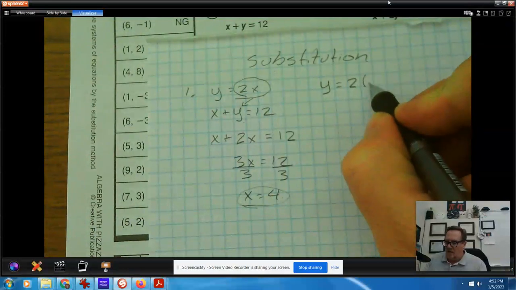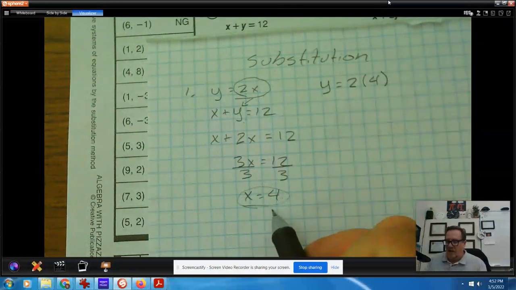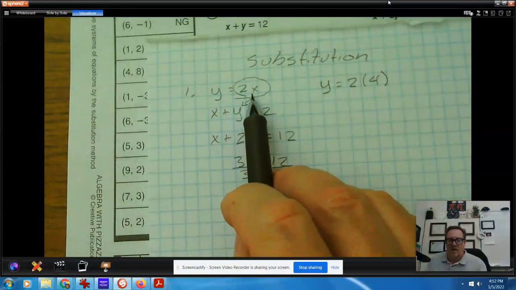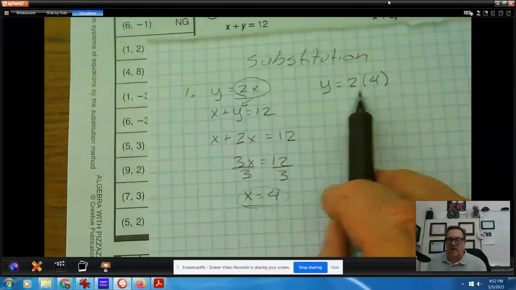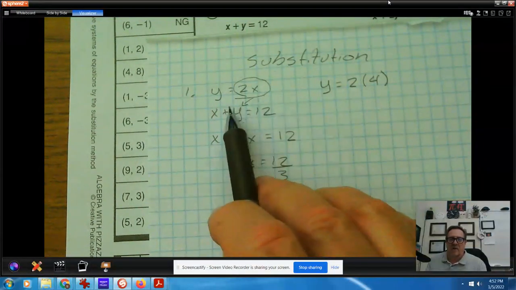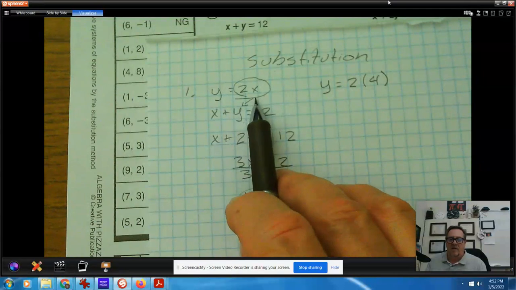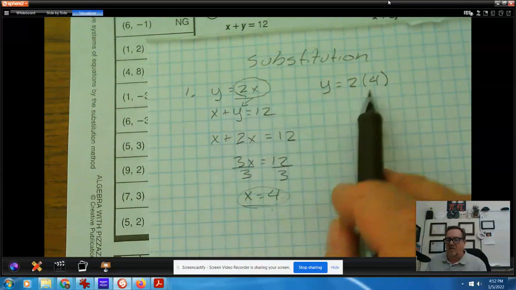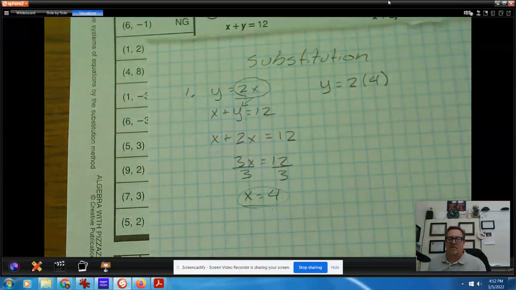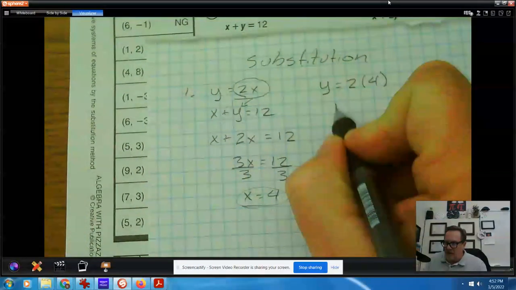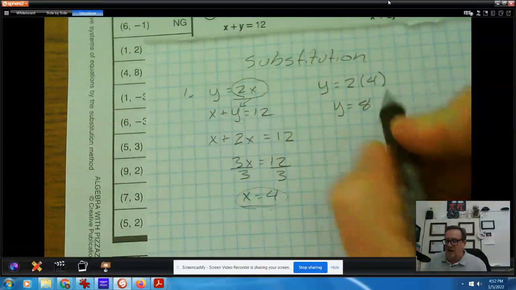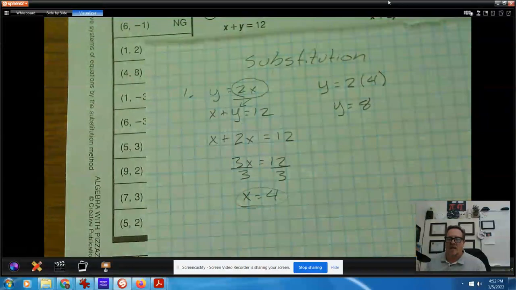Y is equal to 2 times 4, since my x is 4. See where that came from? Y equals 2 times x is the same as y equals 2 times 4 as long as x is 4, right? So we'll do that math and we get y is equal to 8 since 2 times 4 is 8.